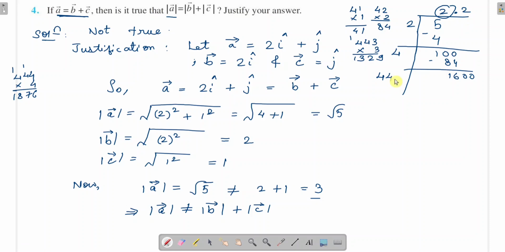So 3 times 3 is 1329. So you can see that we are getting 2 point, this is nothing but 2.23, which is not equal to 3, right? So that is how we get this answer. Okay, so magnitude of a bar is not equal to magnitude of b bar plus magnitude of c bar.